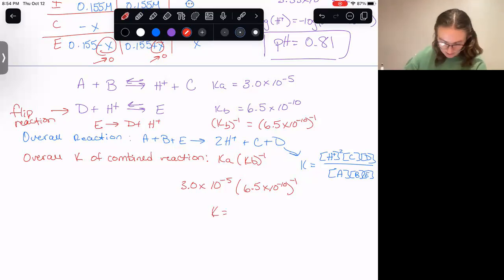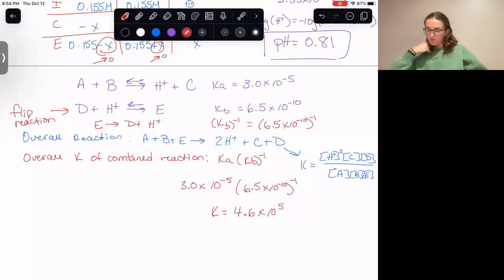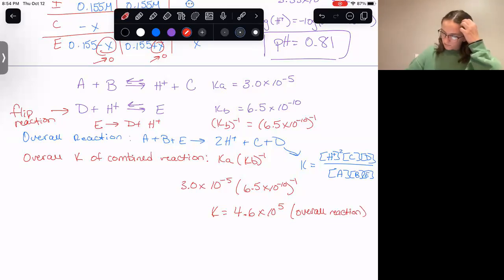And I got K is equal to 4.6 times 10 to the 5th. Okay, are there any questions on how we manipulate K in this scenario?